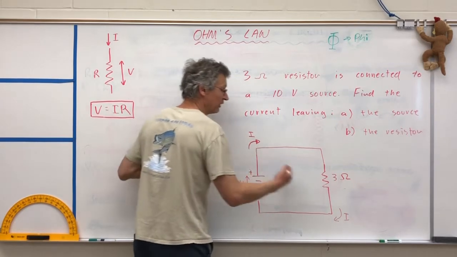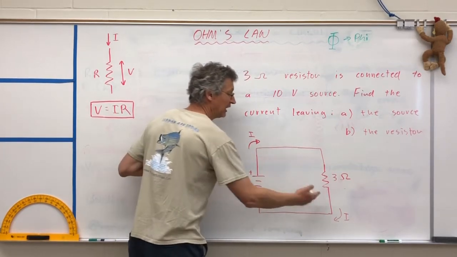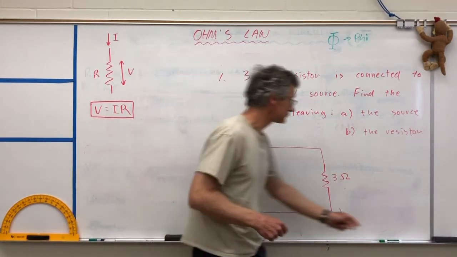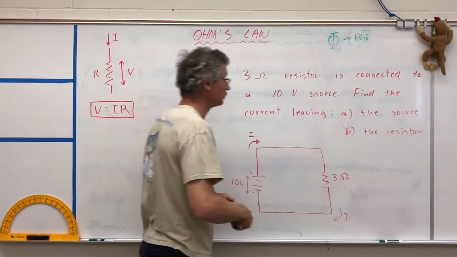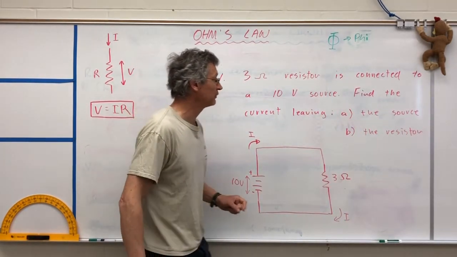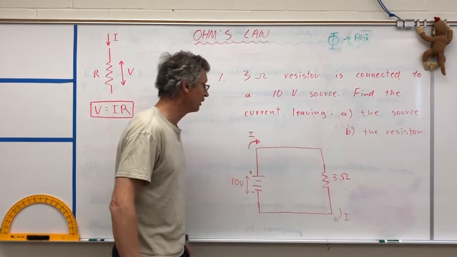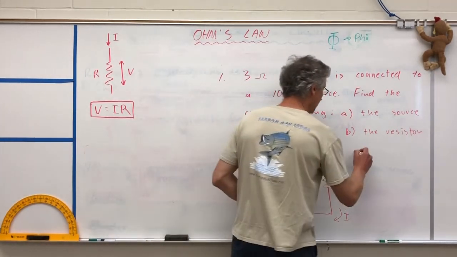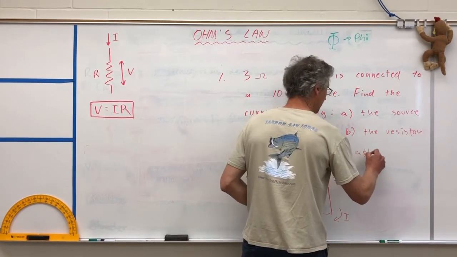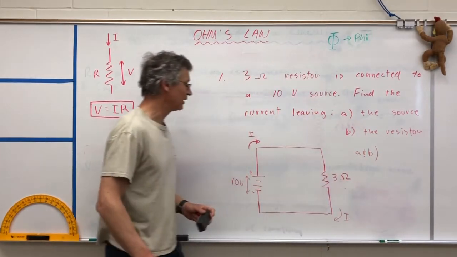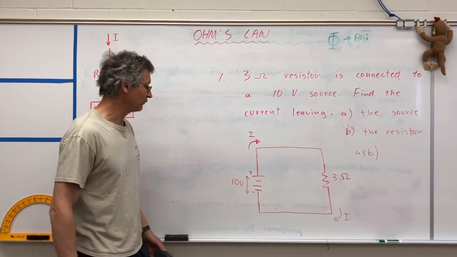So the current is the same everywhere. So that's kind of nice to know. Instead of having to figure out two things, we just have to figure out one thing. So we can do A and B in one fell swoop. Okay, so how can we do this?